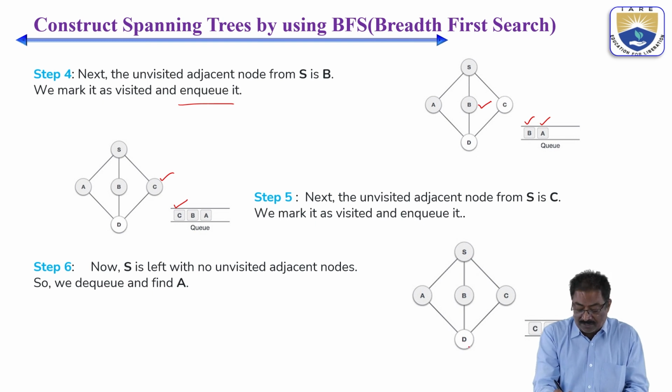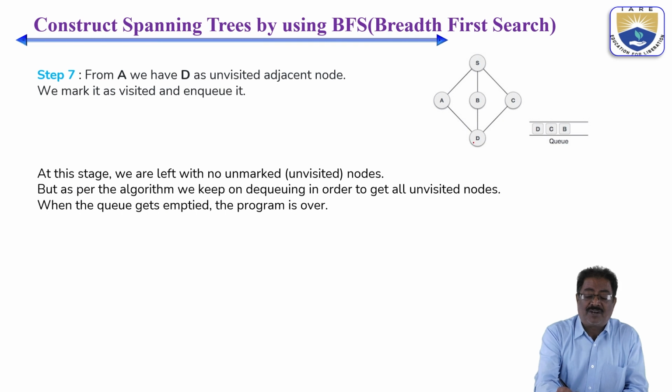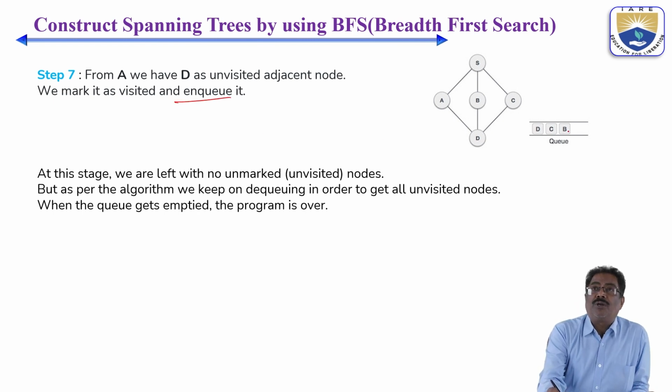D is adjacent to A, so we mark that vertex as visited and enqueue it. Now once again we consider B, and there is no other adjacent vertex which is not visited. Then we go for C. C also does not have any other vertex to visit.